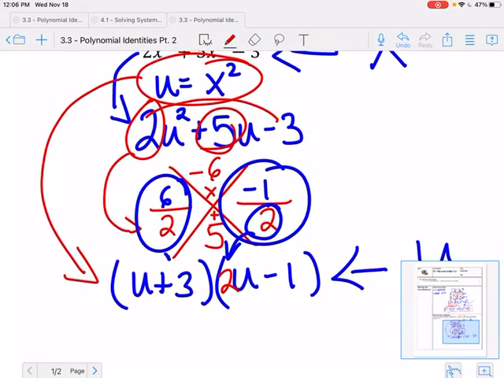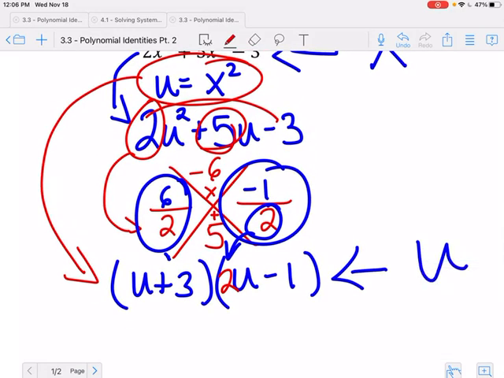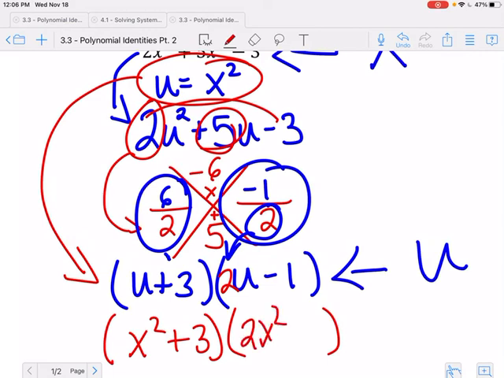So for every u that you see is now going to be an x squared. So let's go ahead and rewrite this. So that's u plus 3, which is now going to be x squared plus 3. And the second one is 2u minus 1, which is now going to be 2x squared minus 1.